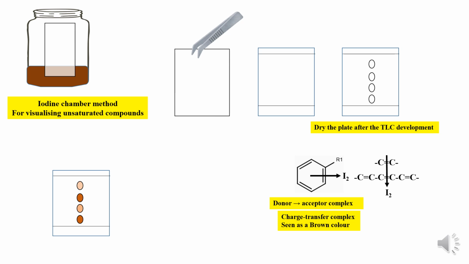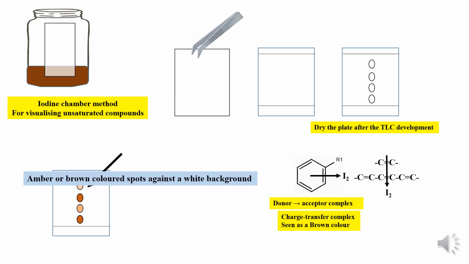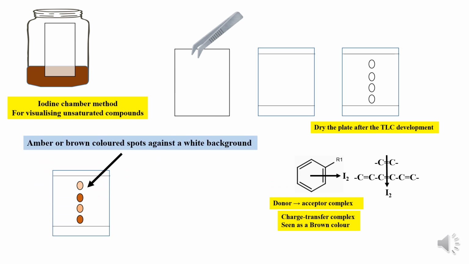Now the aromatic system acts as a donor while iodine acts as an acceptor, and a complex is formed between the donor and the acceptor, resulting in formation of a brown colored complex. So amber or brown colored spots are seen against a white background.